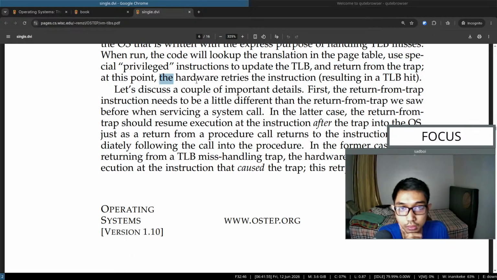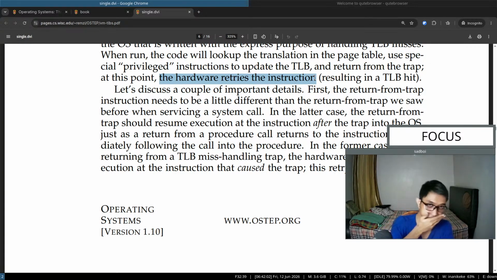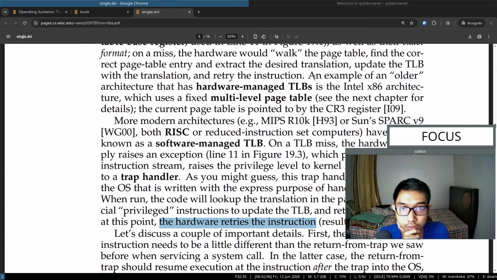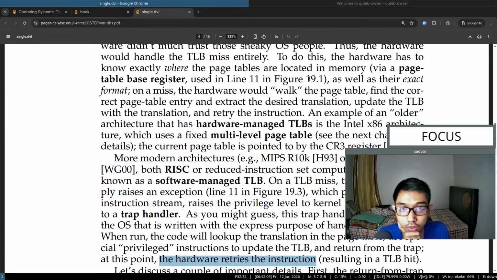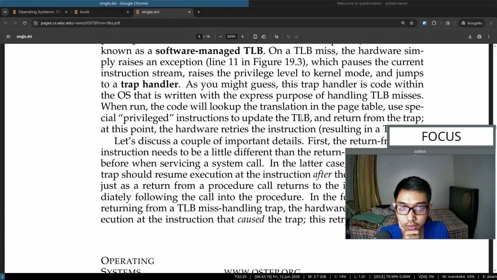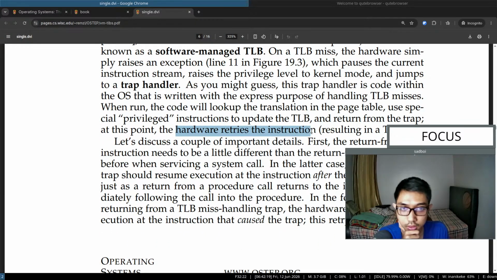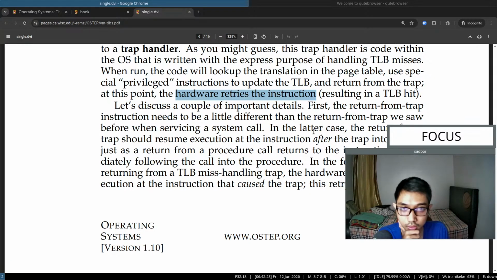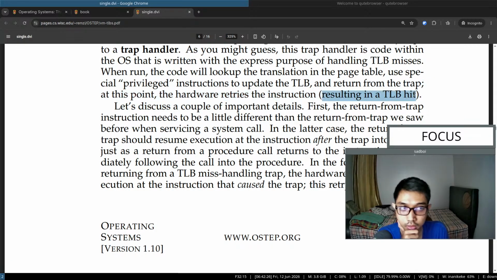At this point, the hardware retries the instruction. So the one retrying the instruction is the hardware, I'm assuming, maybe the CPU retries the instruction, which checks the translation look-aside buffer again.